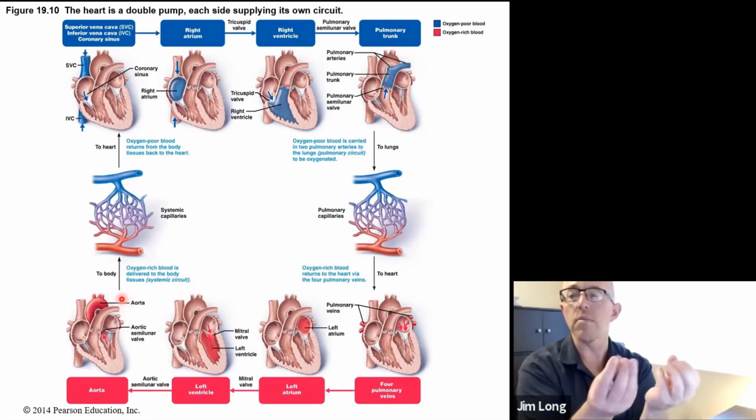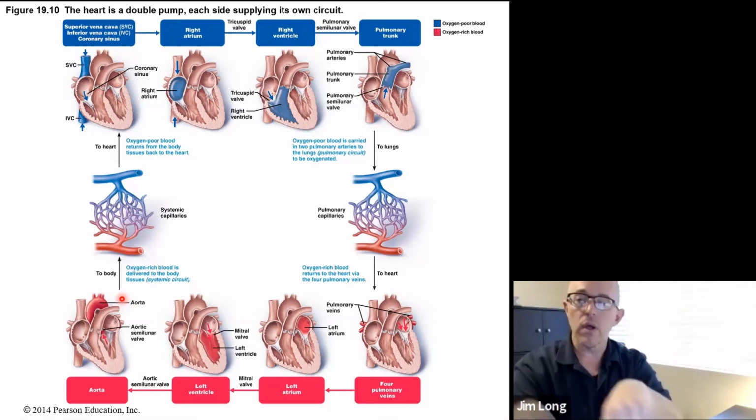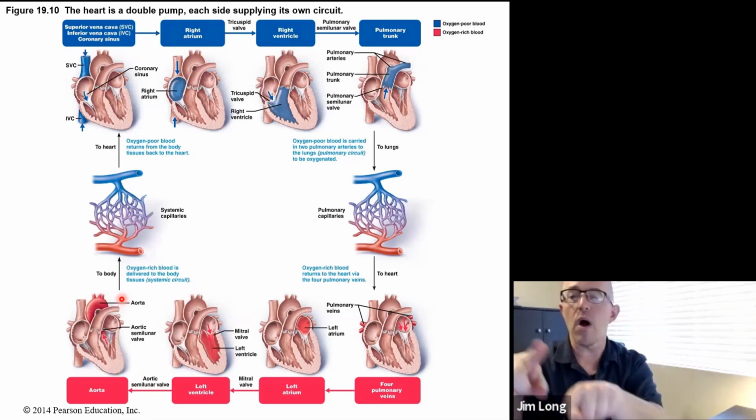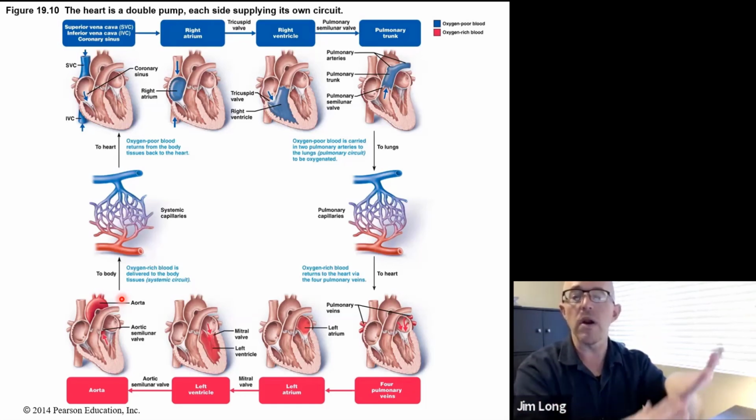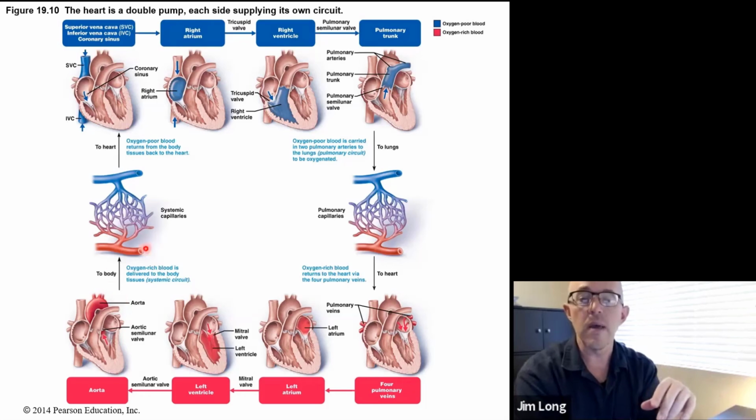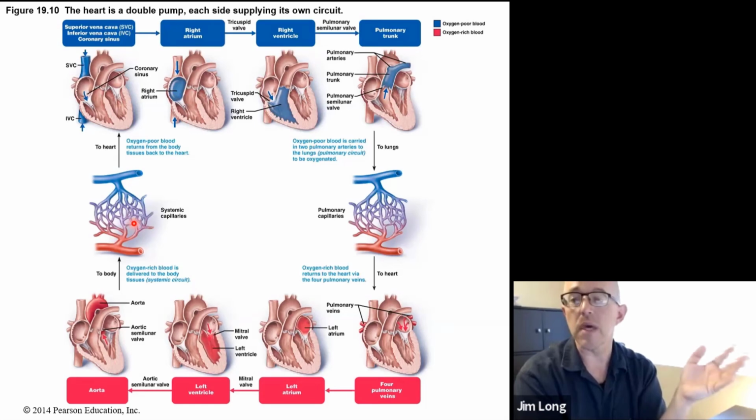So multiple heartbeats are required to move a single drop of blood through all chambers of the heart and through pulmonary and out through systemic circulation. And many more heartbeats will probably occur while the blood is out in systemic circulation. You know that's true. The heart beats 70 times a minute. So lots of heartbeats are going on while the blood is out delivering oxygen until it comes back.